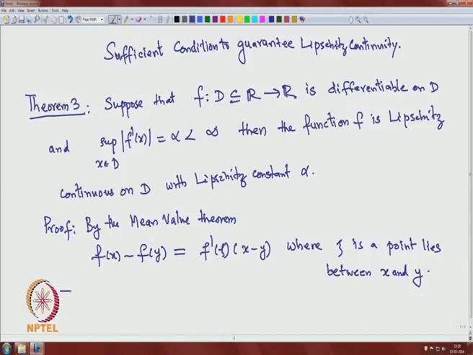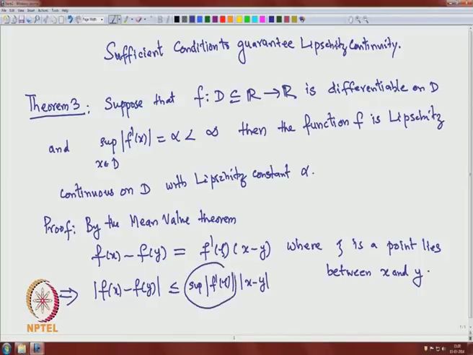So, therefore, this implies that the absolute value of f(x) minus f(y) is less than or equal to the sup of |f'(ψ)| times |x minus y|, and this quantity is our alpha.